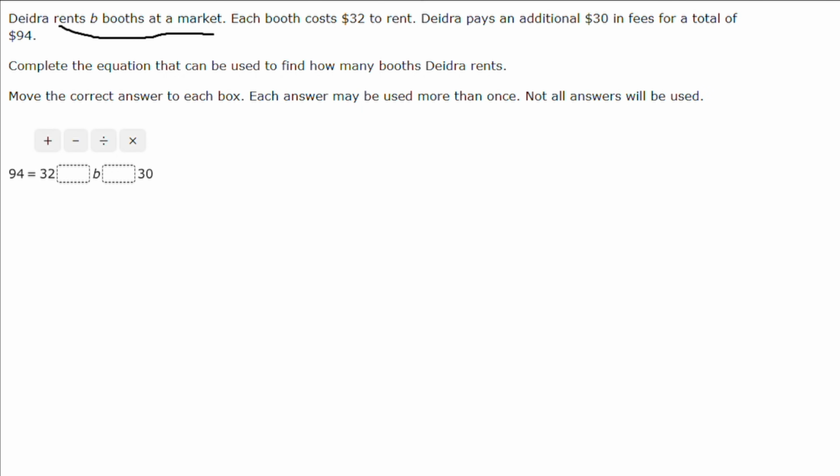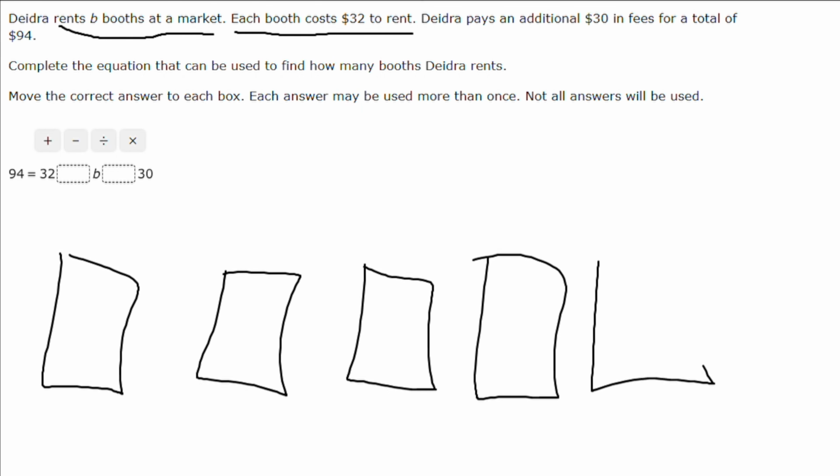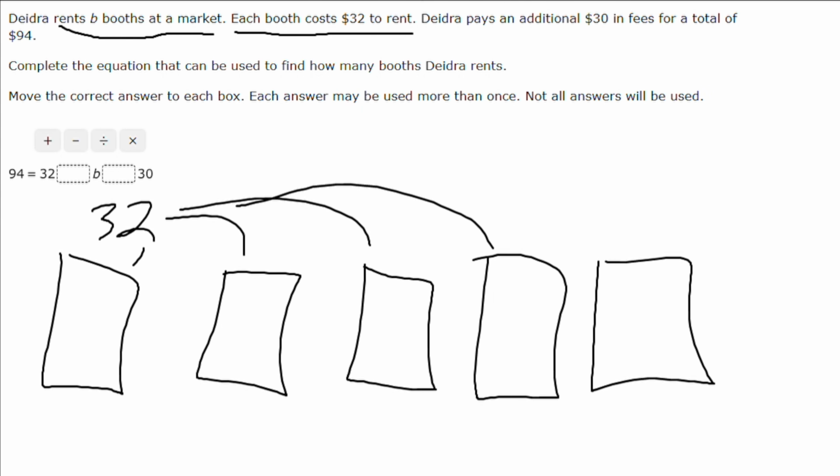What next sticks out to me is the fact that each booth costs $32 to rent. So if we have, let's say, 5 different booths at the market, each is going to cost $32 to rent. Each is $32.